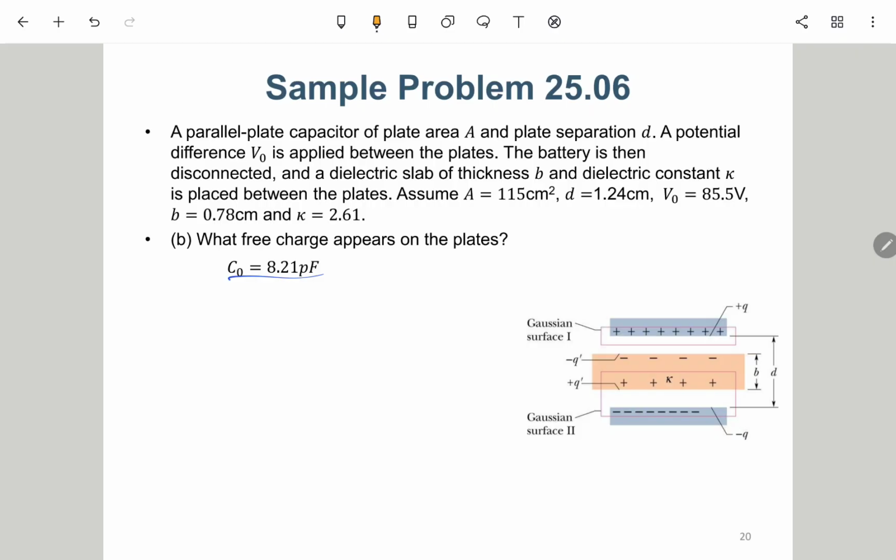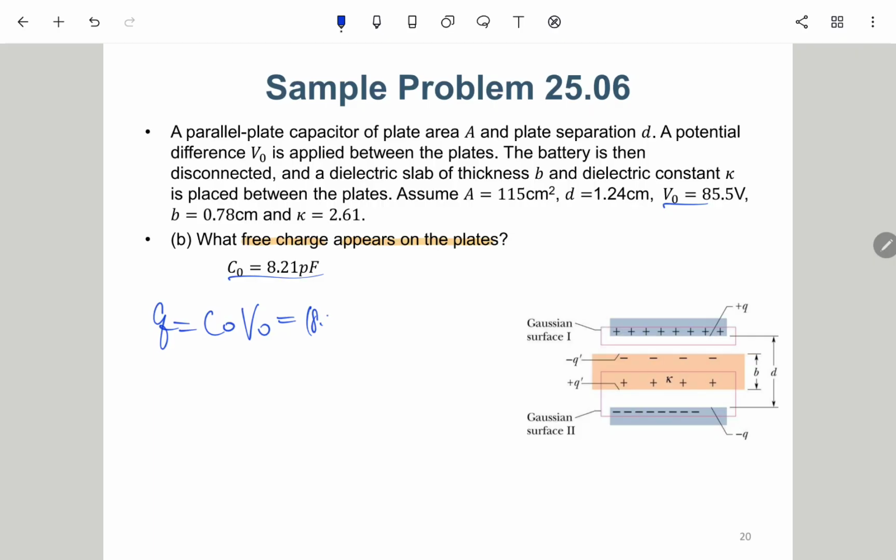So it asks what free charge appears on the plate. What is the free charge on the plate? This should be Q equals C0 V0. V0 we already have, and C0 we already calculated.